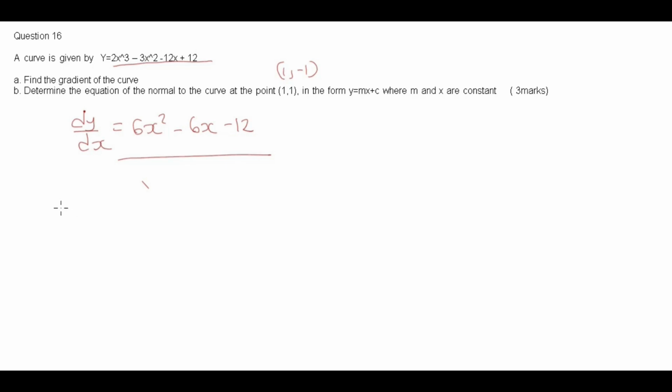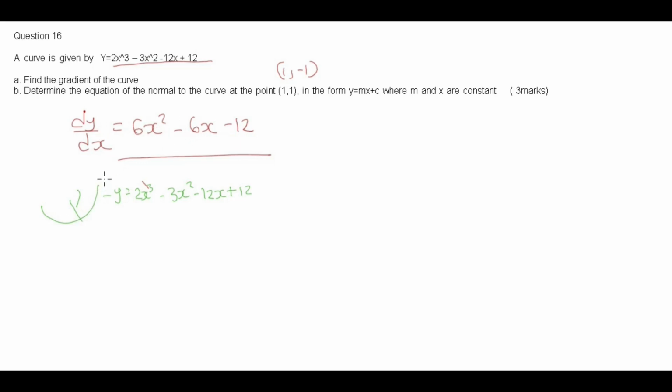So let's say, for example, this is the curve y equals 2x cubed minus 3x squared minus 12x plus 12, and there's a line normal to the curve. This line is what you are being asked to find the equation of, the line normal to the curve.